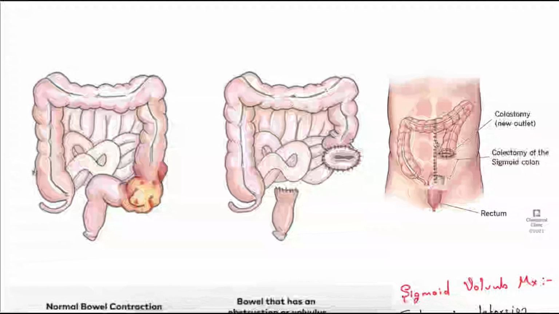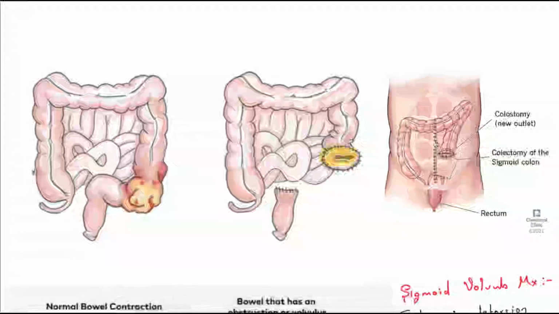Next, here there is a main procedure we call Hartmann's procedure. This is the main thing. If the patient has malignancy, ischemia, peritonitis, or cancer, we can go with Hartmann's procedure. In this procedure, we resect the diseased sigmoid colon and close the rectal stump.